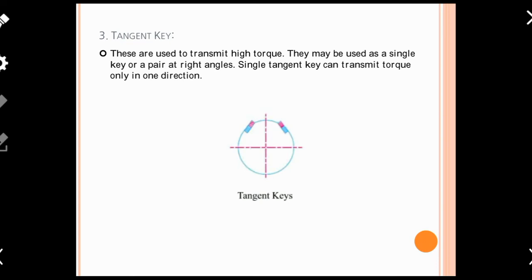One more thing you should know is that this type of tangent key has one limitation, and the limitation is that it can transmit power in only one direction. That means if you require to transmit power in one direction only, unidirectional only, then you can use this type of tangent key.